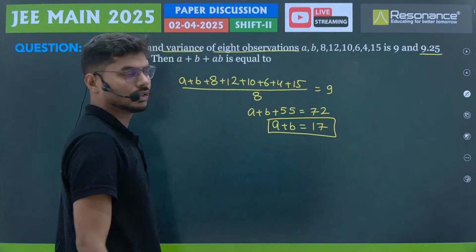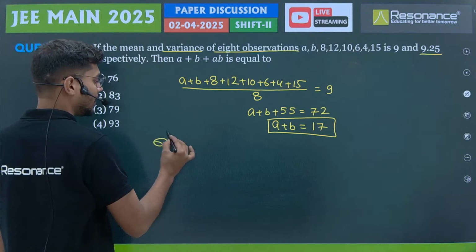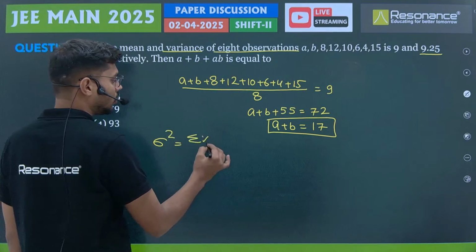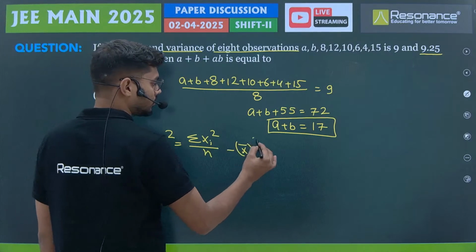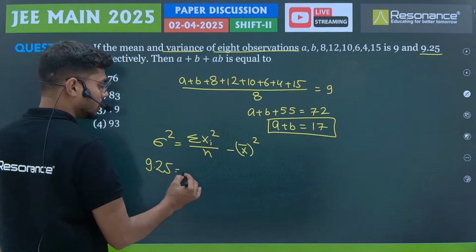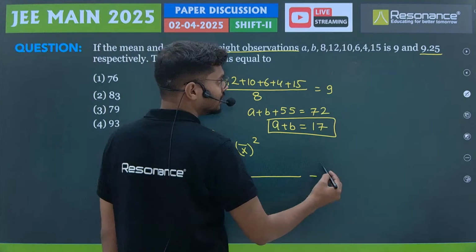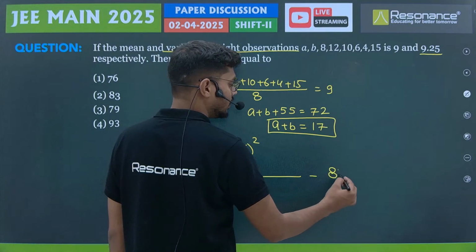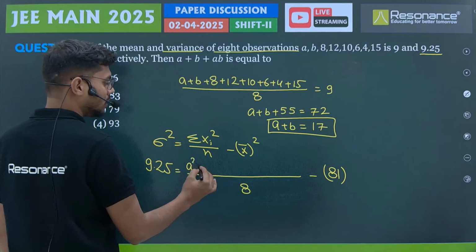I got the value of a plus b, and the variance of the 8 observations is 9.25, right? What is the variance formula? The variance formula is the summation of all the observations squared divided by n, minus the mean whole square. Variance is given as 9.25, so the summation of all the values squared divided by 8 minus mean square, that is 81, right? 9 square.